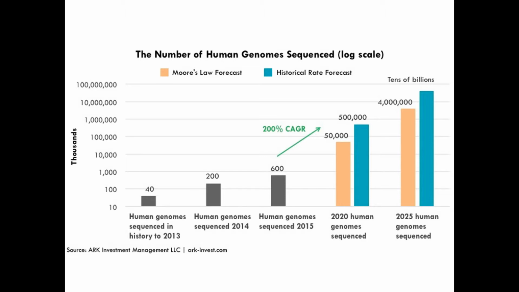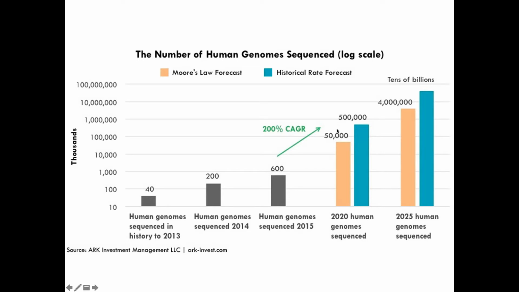And here they said, well, we think by 2020 we hope that we'll have about 50,000 human genomes if we increase linearly. But if we go by how the historical rates are going, we expect to have something around 500,000. Well, just doing some rough data amalgamation in public databases like gnomAD, they've already been able to identify about 150,000 genomes sequenced by 2020.